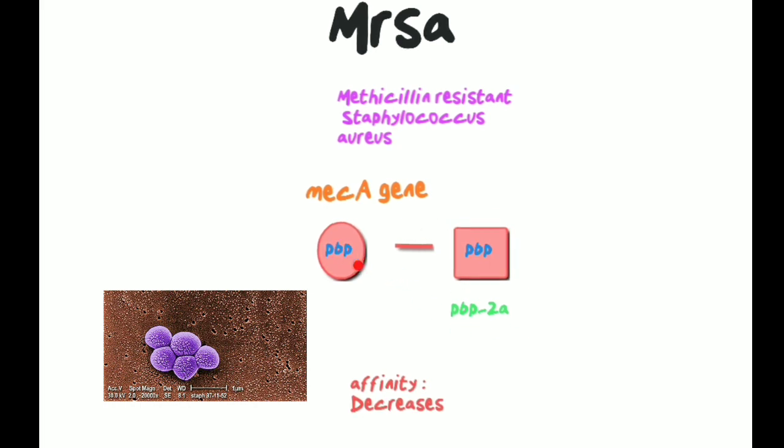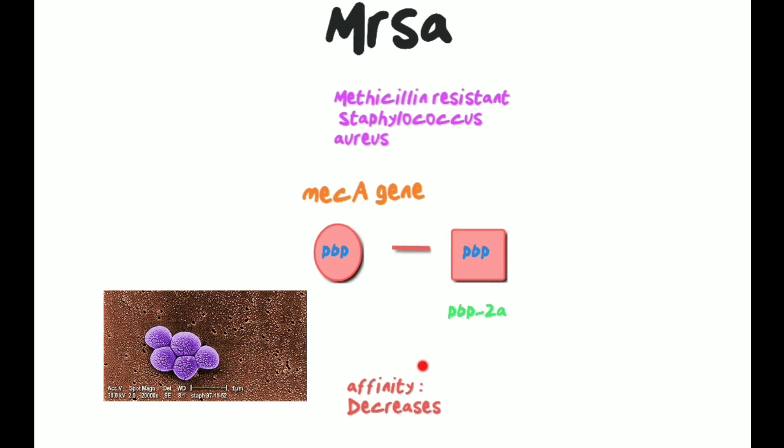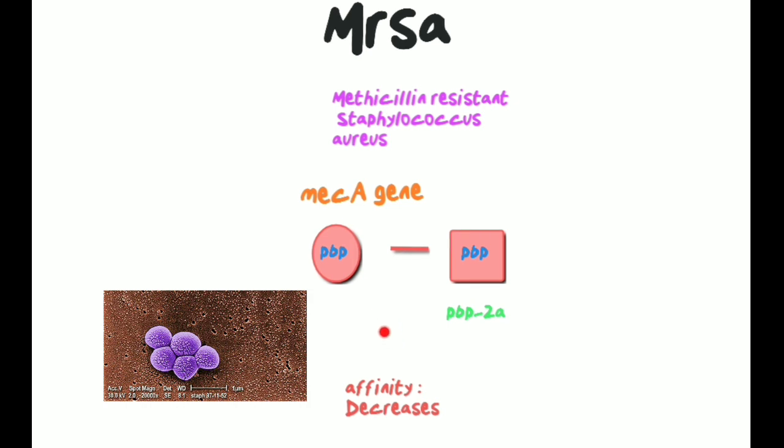So forget about these structures, they are proteins, they are heavily folded. They alter the structure of the penicillin binding protein to a new structure called PBP2A. This PBP2A will have less affinity towards methicillin. That is, the affinity decreases towards the methicillin. This will lead to development of resistance to methicillin by Staphylococcus aureus.